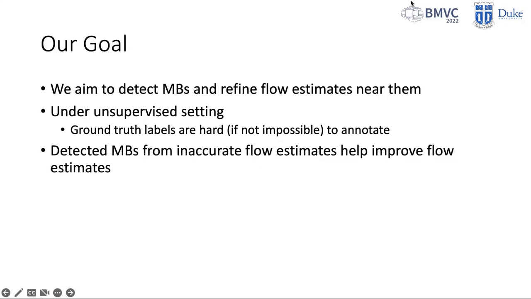setting. In this paper, we propose an unsupervised method that aims to first detect motion boundaries from initial flow estimates, and then refine these flow estimates near them. We show that the detected motion boundaries from these inaccurate flow estimates are helpful to improving the flow estimation near motion boundaries.